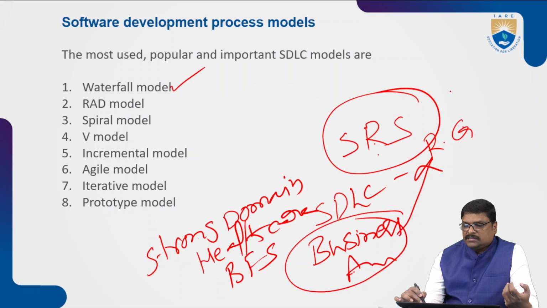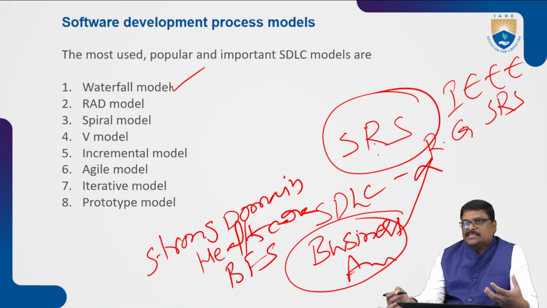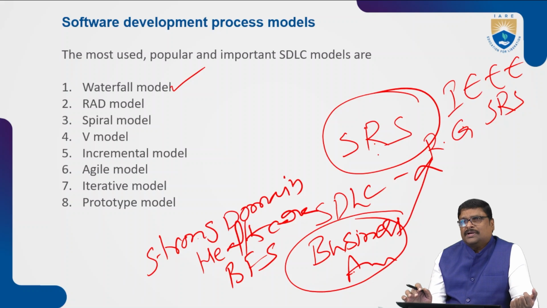That SRS document follows an IEEE format. IEEE is the Institute of Electrical and Electronics Engineers. It defines some process and template for gathering requirements from the customer, and a business analyst collects them and keeps them in the SRS format.